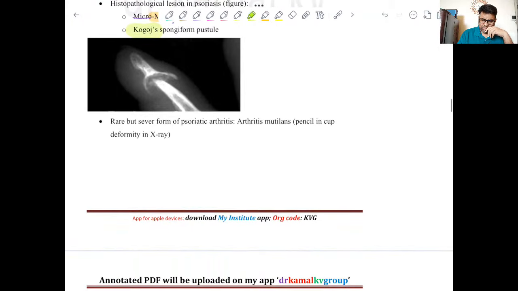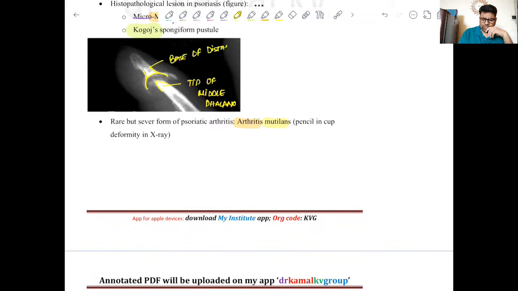Now psoriasis can involve the bones as well, and that is arthritis mutilans. If we take an X-ray, we will see a classical pencil-in-cup deformity. Clear? So this is the tip of the middle phalanx, and this is the base of the distal phalanx.